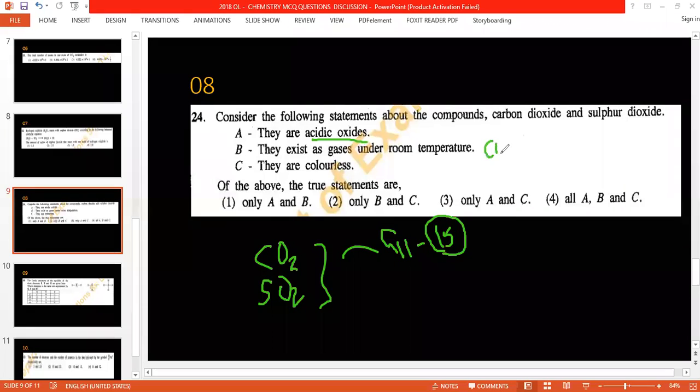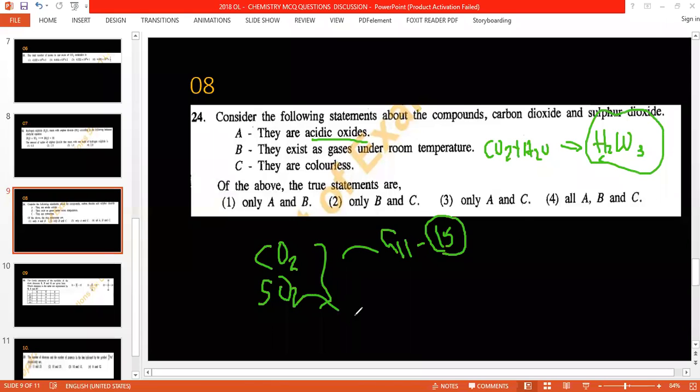Carbon dioxide, when it dissolves in water, forms carbonic acid, H2CO3. This is a weak acid, you must know, right?